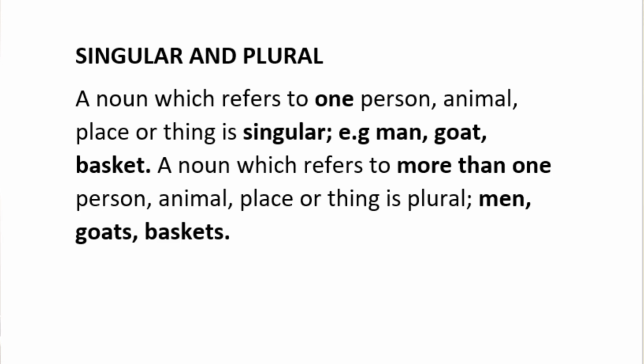Remember what I said? Nouns which refer to one person, animal, place are referred to as singular nouns. Plural talks about more than one person, more than one animal, more than one place. These types of nouns are referred to as plural nouns. Now you get the difference between singular and plural nouns.